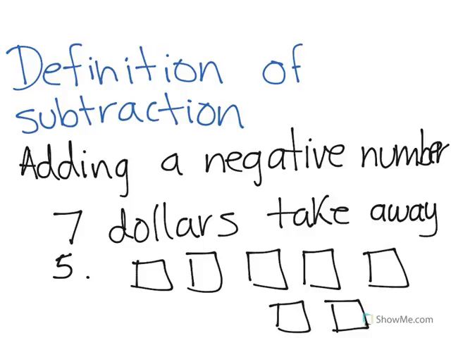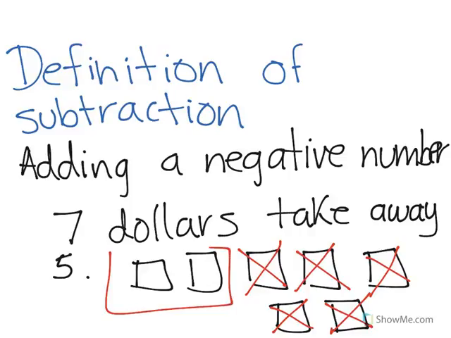So you delete 5. And you're left with 2. So, well, you say, well, that's just 7 minus 5, right? It's equal to 2. Did I say 12 before? I'm sorry, it's 2. You're left with 2.